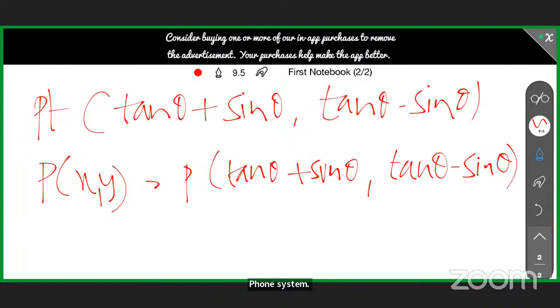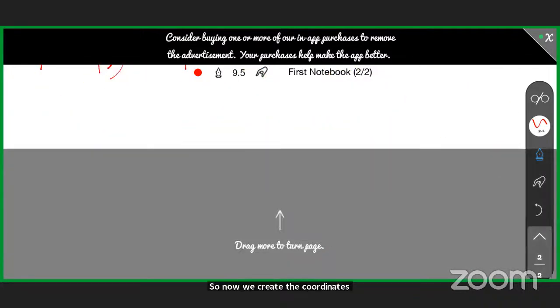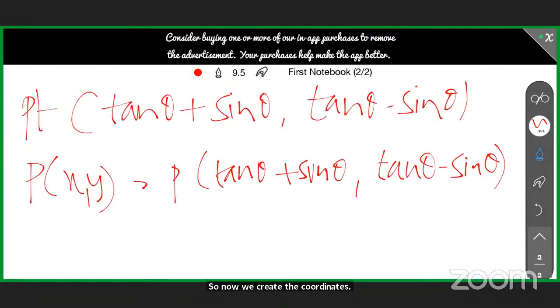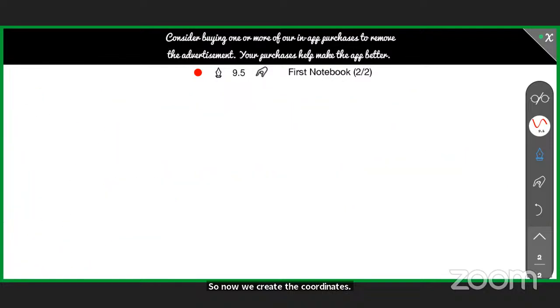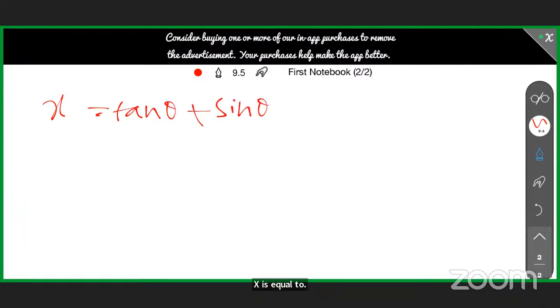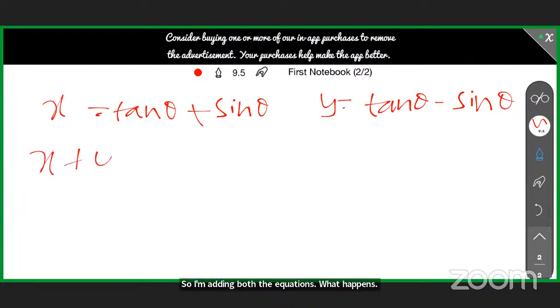Now equate the coordinates. x is equal to tan theta plus sin theta, and y is equal to tan theta minus sin theta. Adding both the equations, x plus y is equal to 2 tan theta.